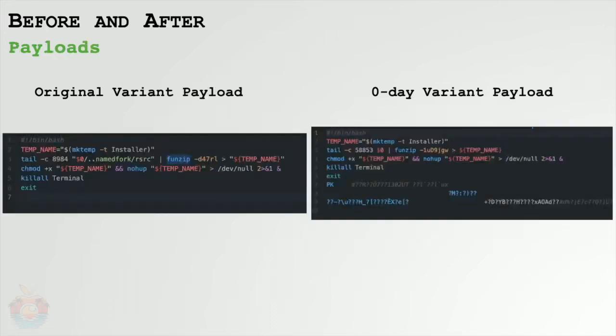From the payloads, on the left side, you're looking at the original variant payload without the 0-day. On the right side, you're looking at the variant payload with the 0-day. I'm next to positive we saw the 0-day variant payload in non-0-day variants as well. I couldn't dig that up or find where that existed, but I'm almost positive we saw it. But on the left, in the original variant payload, the only difference we really see here is the attacker would include the zip file as a resource fork on the file.